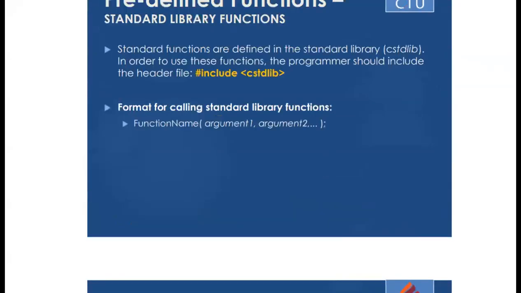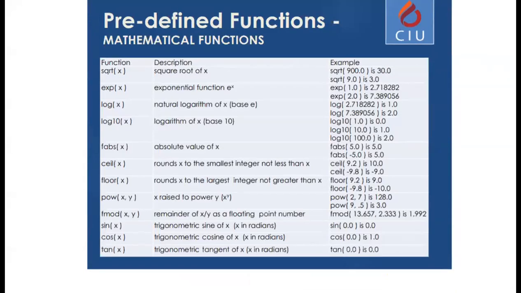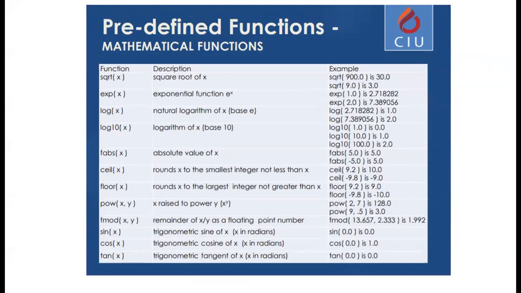In the previous lecture, as we already said, we discussed predefined functions. These are generally mathematical functions or some library functions that exist in the C++ library. What you need to do is that every single predefined function has to go through a procedure of including an include statement, including a library in your program.